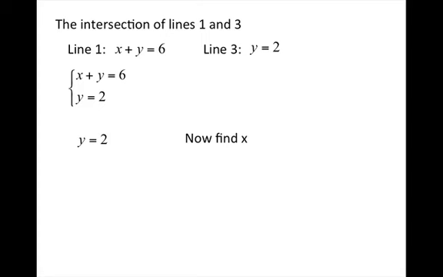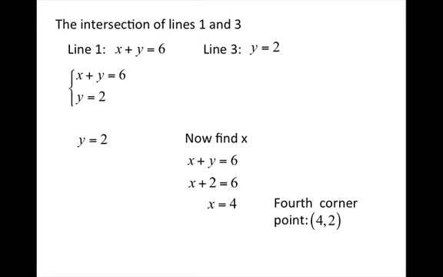If I take my first equation, x plus y equals 6, I can replace the y with a 2, and I end up with x plus 2 equals 6. Then if I subtract 2 from each side, I get x equals 4. So my fourth corner point is the point (4, 2). Be sure to always put the x first.